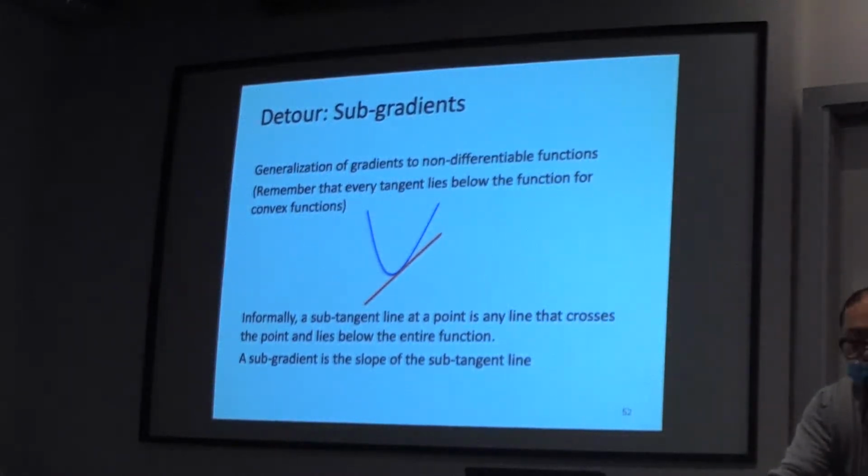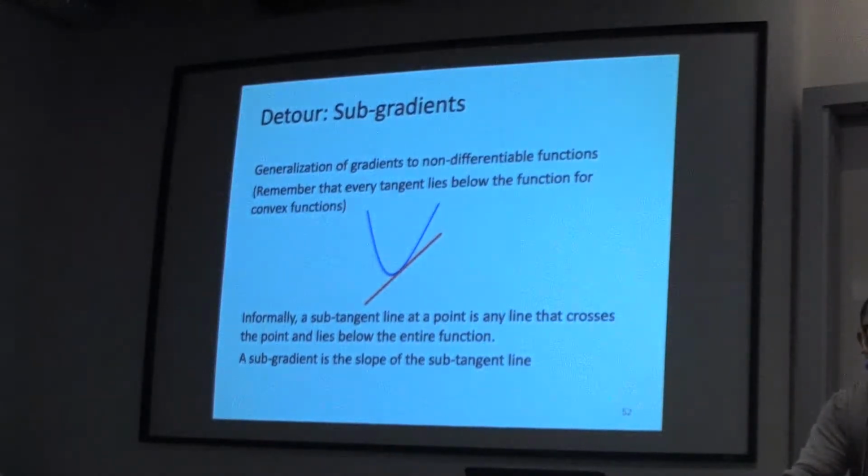We can view it as a generalization of the gradient to non-differentiable functions. Optimization theory guarantees that even if you update the model parameters along the subgradient, you can still decrease the function and converge to the minimum or optimal of the function.